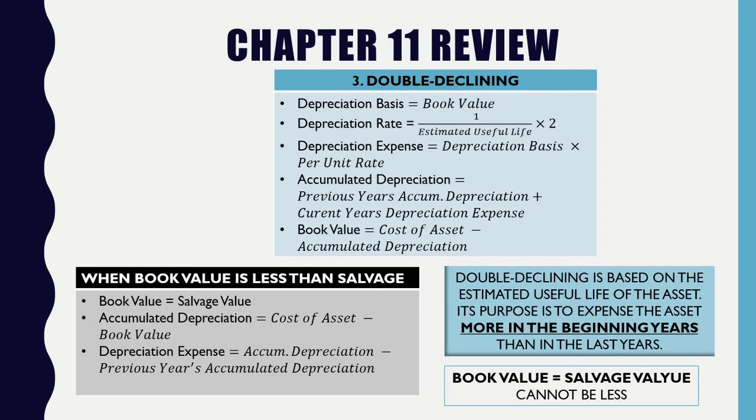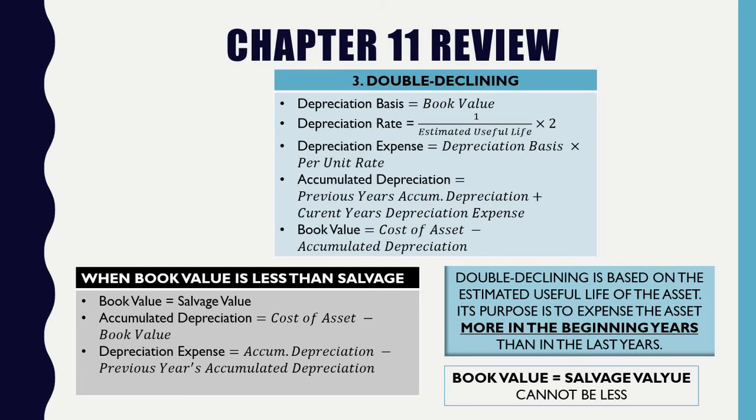Once again, here are the formulas that you need to know for double declining. Depreciation basis is going to be the beginning of the year's book value. The rate is going to be 1 over its estimated useful life times 2. And depreciation expense is going to be basis times rate.